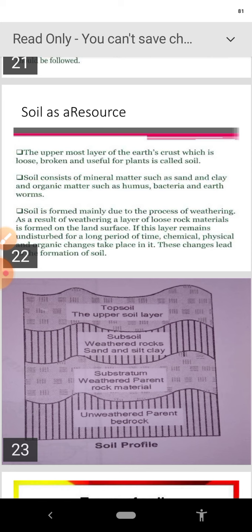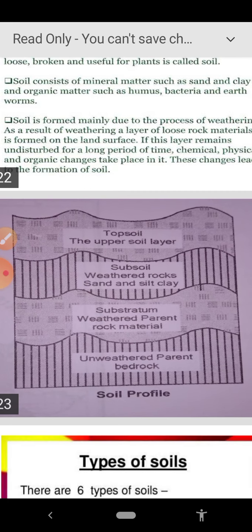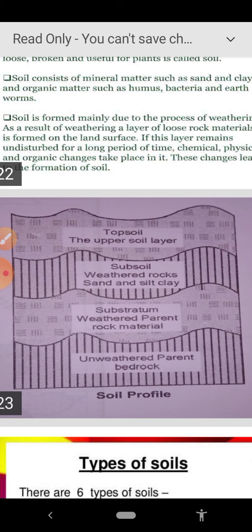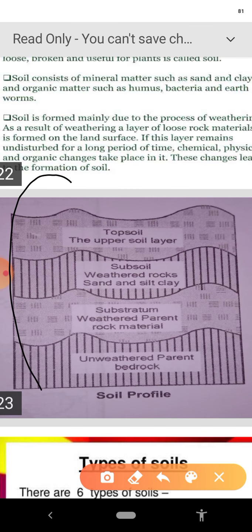Humus increases soil fertility. So this diagram is showing you different horizons or the layers that we get in the soil.